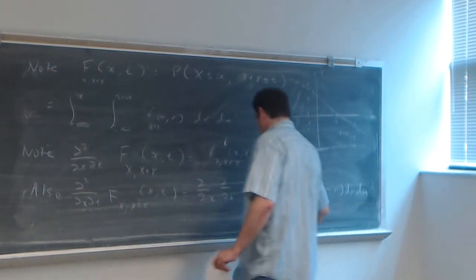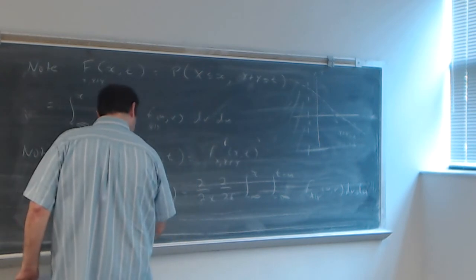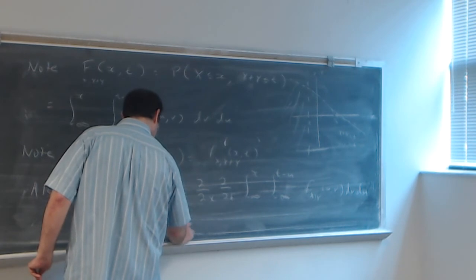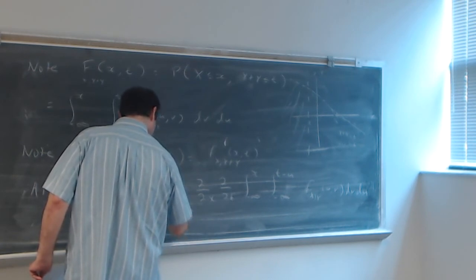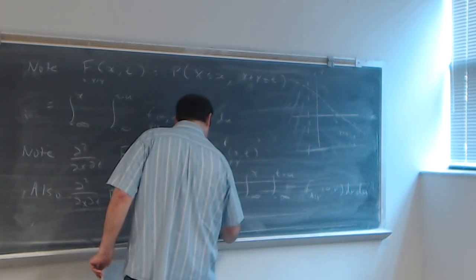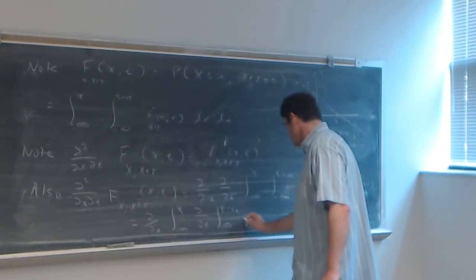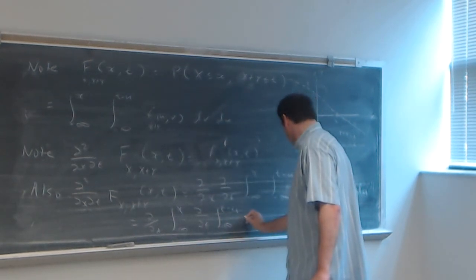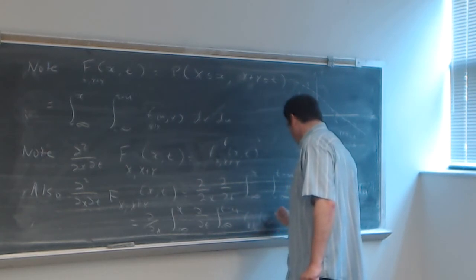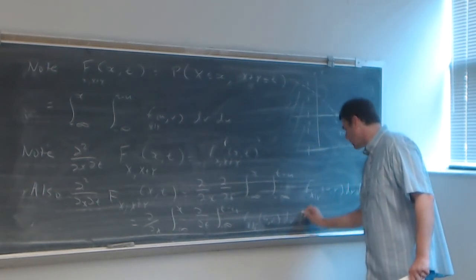Okay. And so I'll say, well, we can move this to the inside, and so that's the partial with respect to x, integral from minus infinity to x. Here's the partial with respect to t, minus infinity to t minus u of f of u comma v, okay? And then this is dv du.